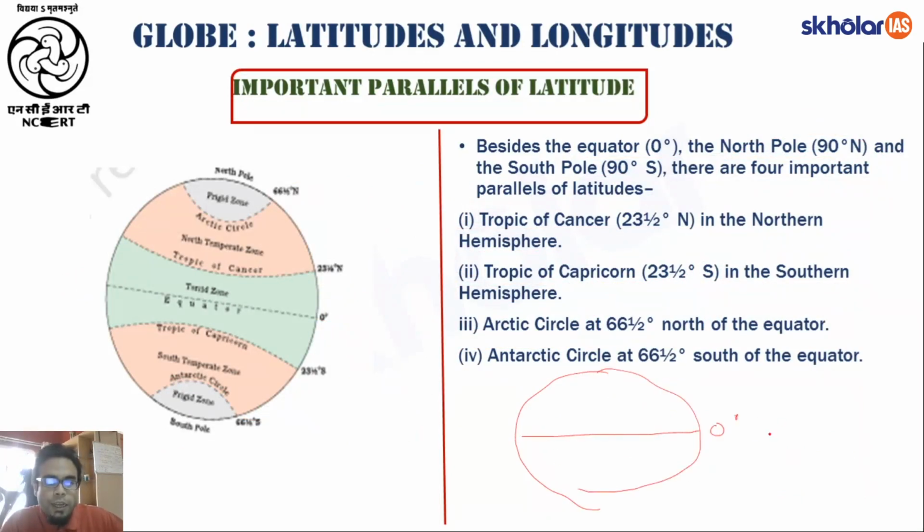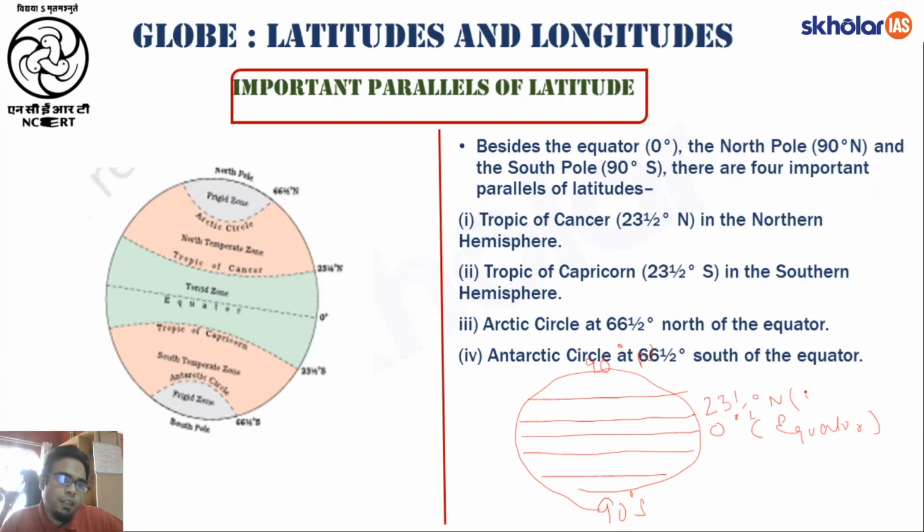0 degree equator, right? Then this is 90 degree north, this is 90 degrees south, right? So here we have 2 important latitudes, and here we have 2 important latitudes. Here we have 23.5 degree north, which is called the Tropic of Cancer, right? Here we have the 66.5 degree north, which is called the Arctic Circle, right?